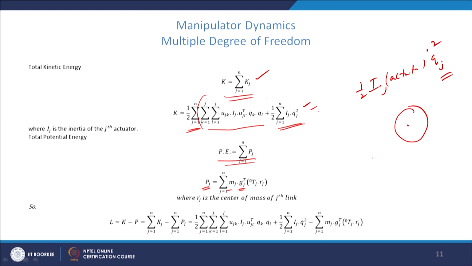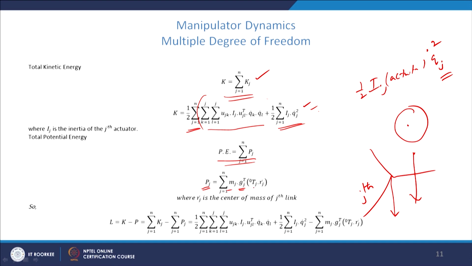So, if the jth frame is in a different orientation, because throughout the robot motion the frames are moving in different orientation, but the gravity is always pointing downwards. So, when we write the gravity vector in the jth frame, then it will have 3 components. It is a vector represented in the jth frame, and it is a constant vector.